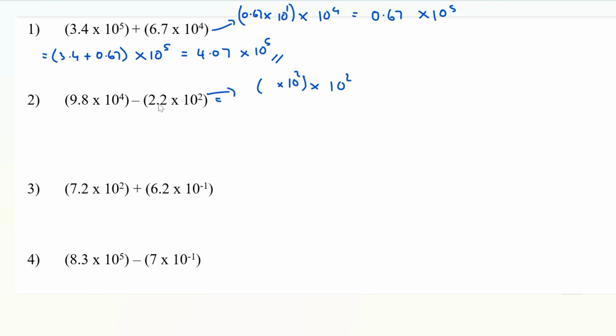That means we're going to have to go 2 decimal places to the left of 2.2. So if we have 2.2, we go 2 places back. That gives us 0.022. Gives us a final answer of 0.022 times 10 to the power of 4. Now we've got it in the right format, let's go ahead and subtract.